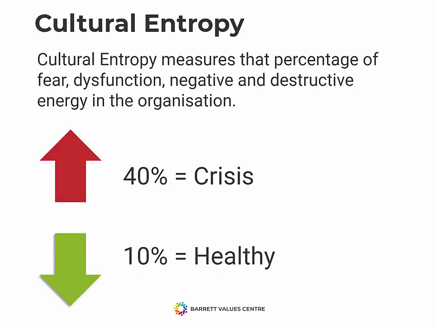Cultural entropy measures the percentage of fear, dysfunction, negative and even destructive energy inside the organization. What we know is that with an organization with an entropy below 10%, we consider that to be healthy. If the organization has more than 40% cultural entropy, this is often a crisis situation.